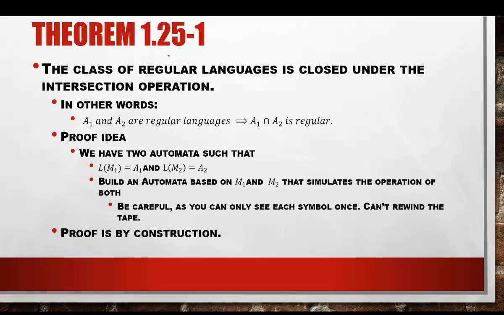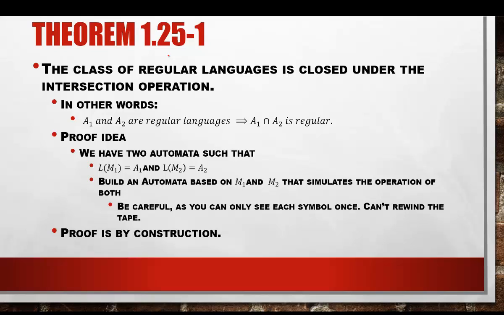The proof idea is basically just like the proof of the union that we did earlier, and the idea is to find a finite automaton that accepts the strings from the language that's the intersection of the two languages A sub 1 and A sub 2.